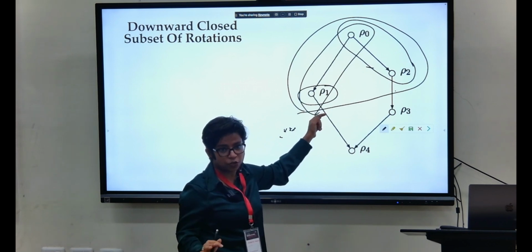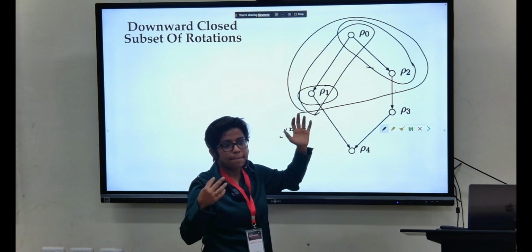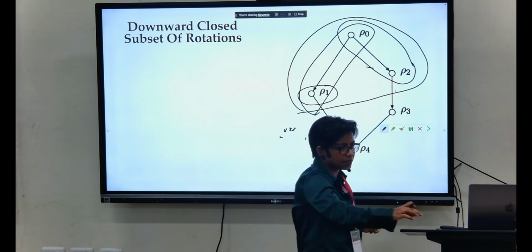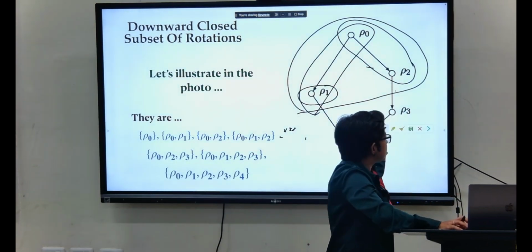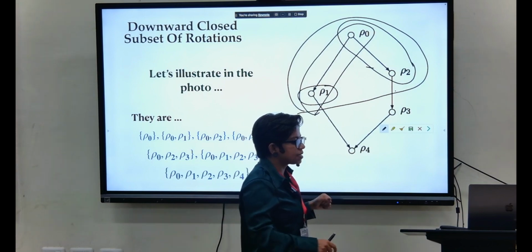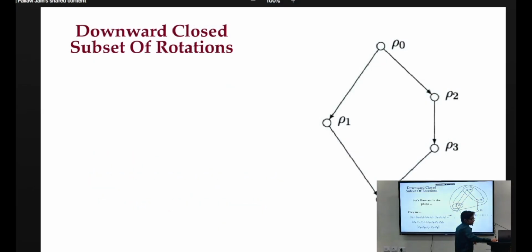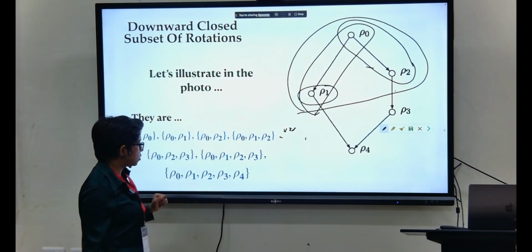If I include rho 1, that would be another closed subset, but at the very least I must include rho 2 and rho 0. So, you guys get the picture, good. If I just list them out like this, you will see that these are basically the closed subsets of rotations. Rho 0 alone is a closed subset obviously, rho 0, rho 1, rho 0, rho 2 and so on. Okay.